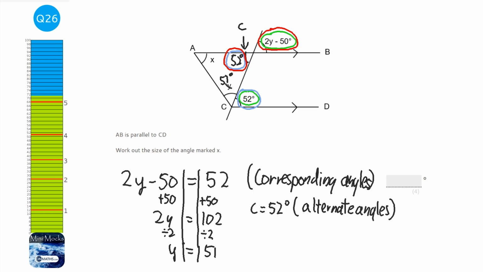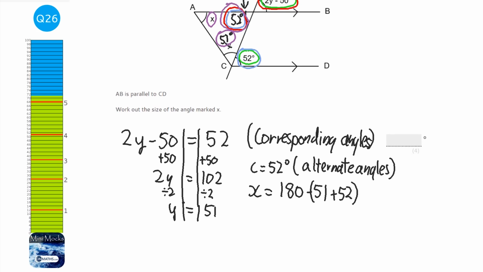Okay, so we've got three sides, or three angles in a triangle. I've got way too many colours going on here. So to work out x, so x equals, it's going to be 180 minus 51 plus 52. So work out what 51 plus 52 is, and then take away from 180.